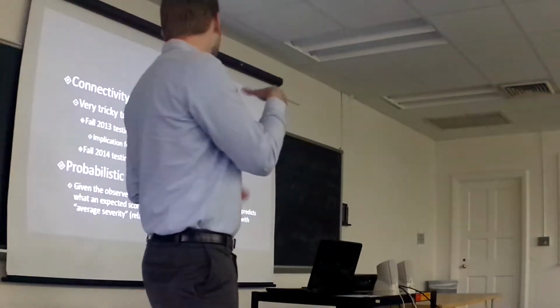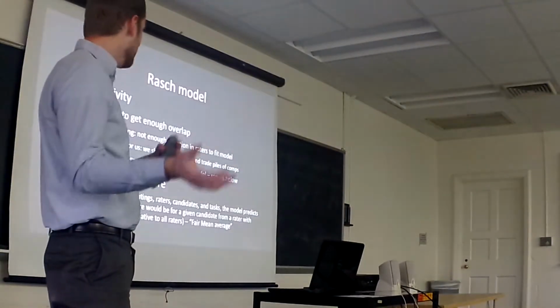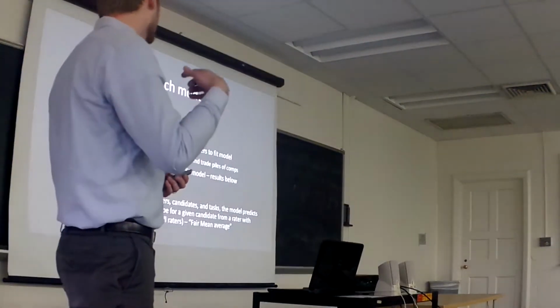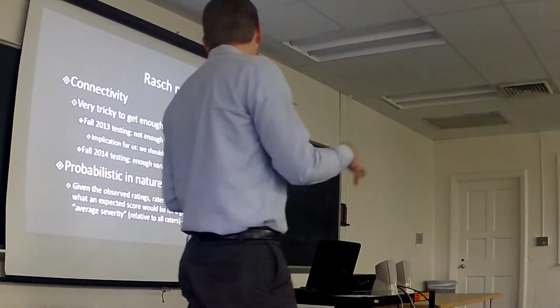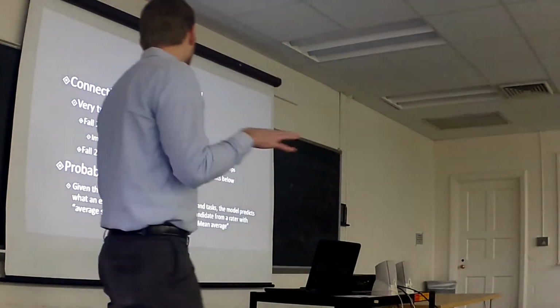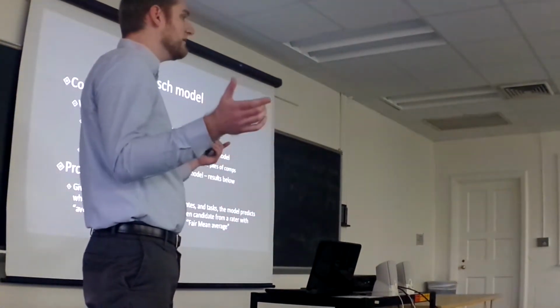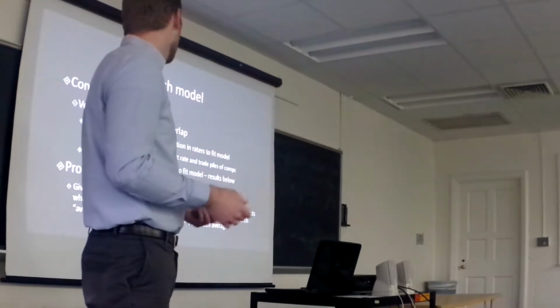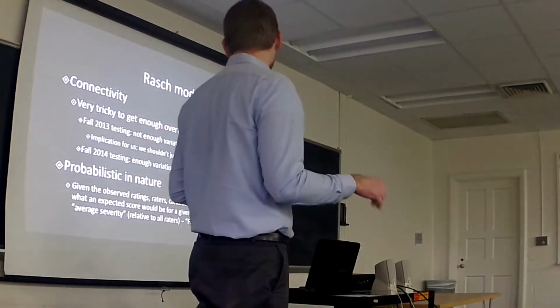So given the observed ratings, the raters, the candidates, and the tasks, the model can predict what an expected score would be for a subsection, or for a given candidate from a rater with average severity relative to all the rest of the raters. And they talked about this fair mean average a little bit in one of the papers.